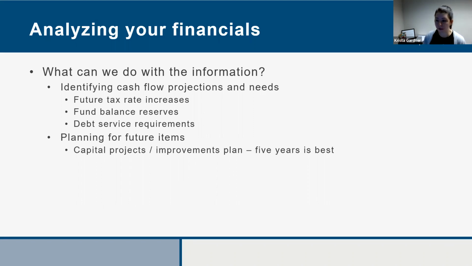What do we need to plan for? Because the better we can plan, the less likely you're going to have to do a large tax rate increase in 1 year. Maybe you can plan for it over a couple of years and ease your residents into that, or be talking about that, or looking for new funding sources.